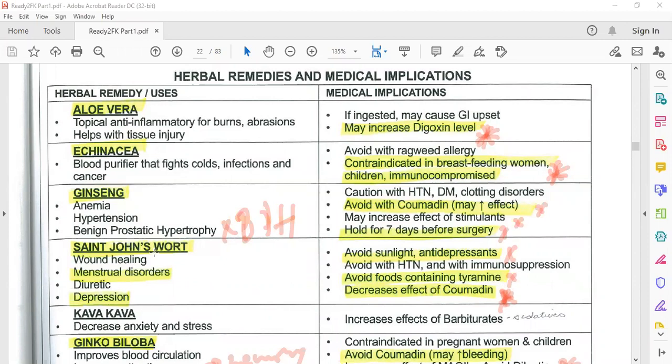Tell them not to go under the sun. And also, St. John's wort interacts with antidepressants, called SSRIs. They interact with them, right?